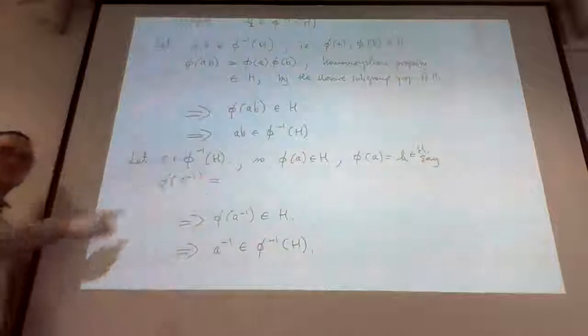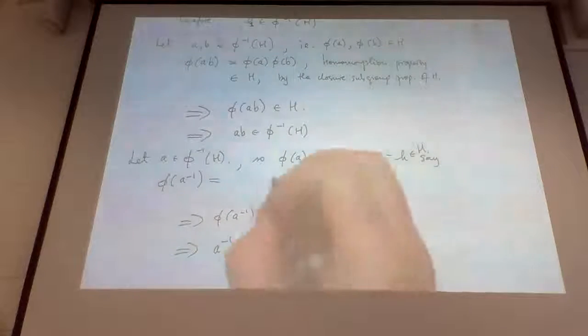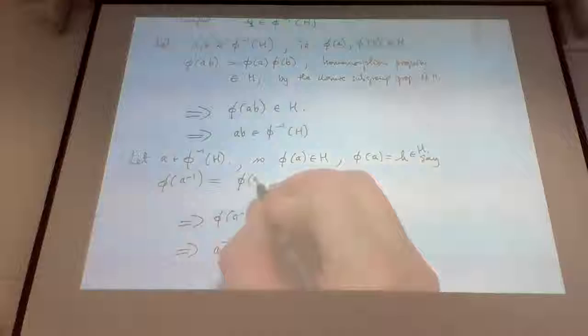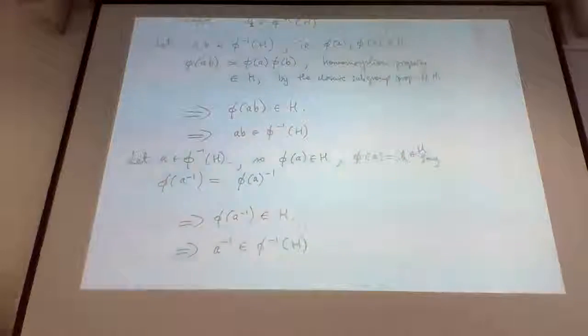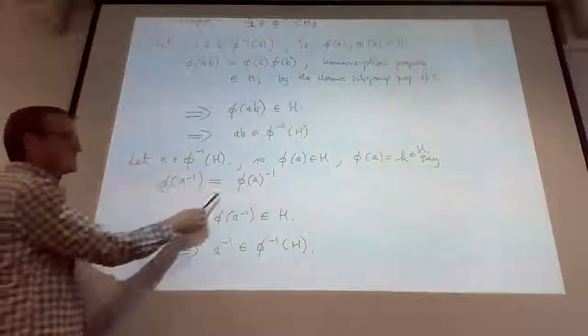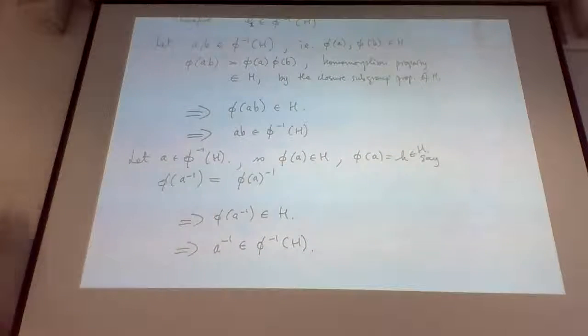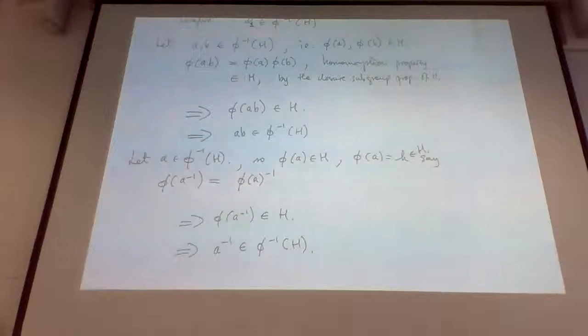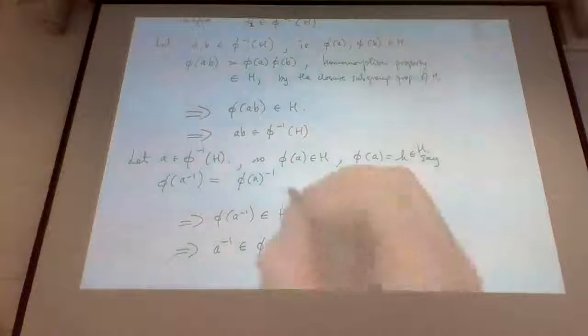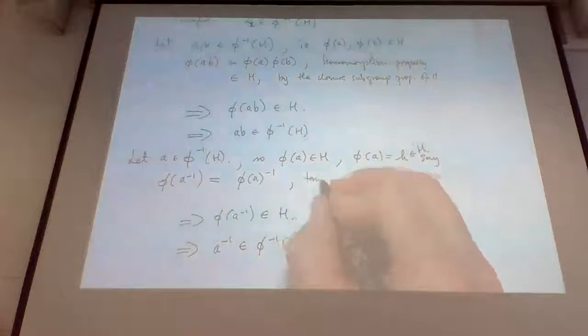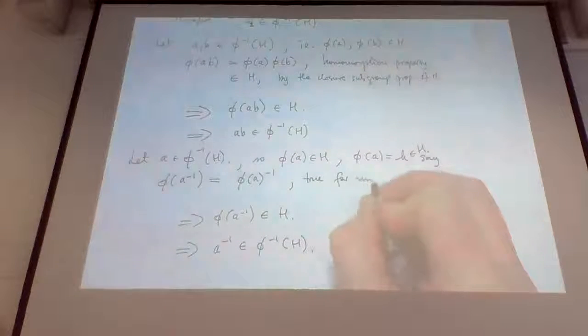So there's an extension that is true for homomorphisms. It's an extension of the homomorphism property: phi of A inverse is the inverse of phi of A. So we can quote this again. We can say this is true for any homomorphism.